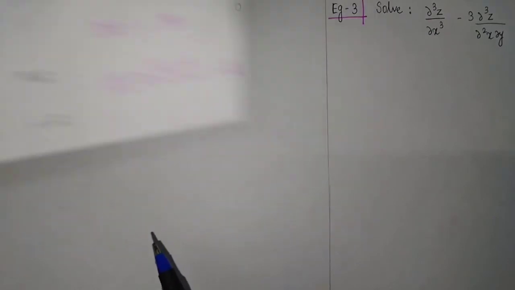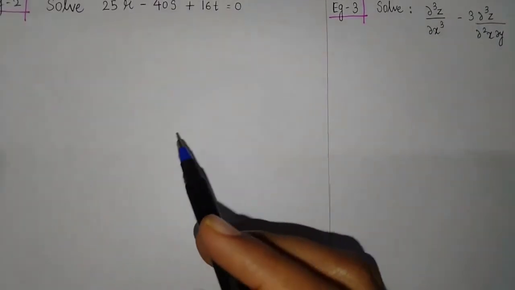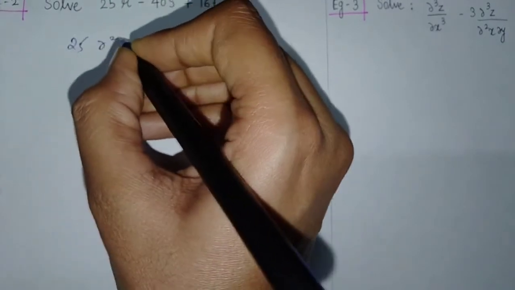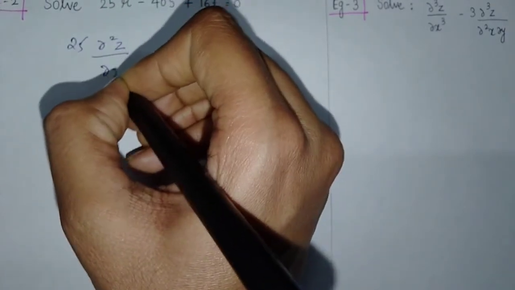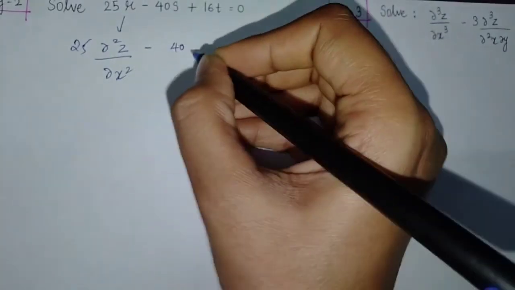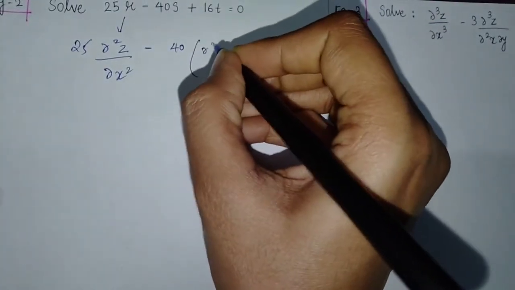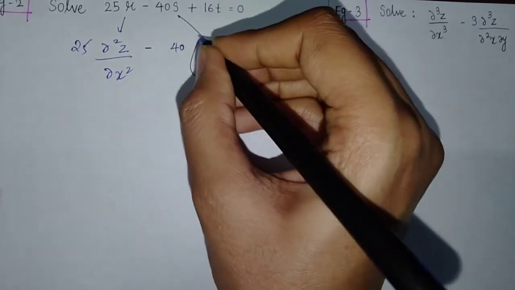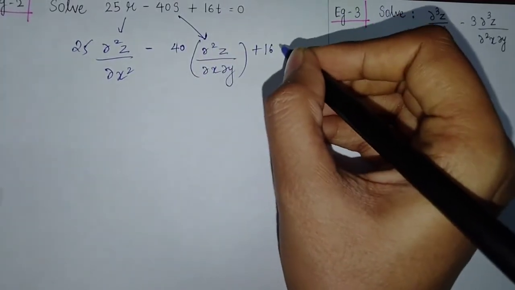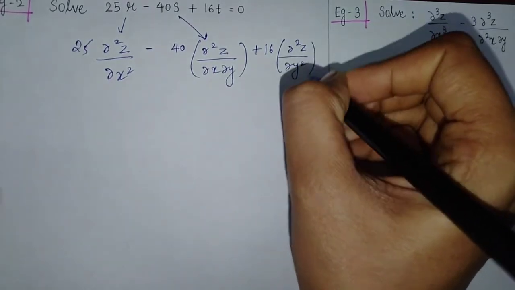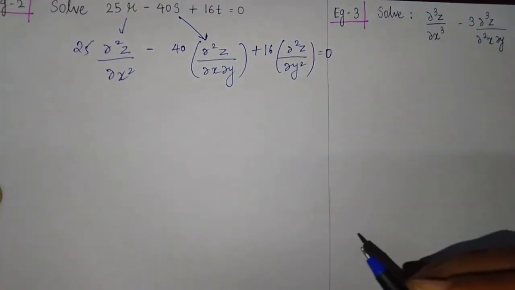Okay? So we will get 25 into del square z by del x square, that is the value of r, minus 40 s, that is del square z by del x del y, that is the value of s, plus 16 t, that is del square z by del y square, equal to 0.